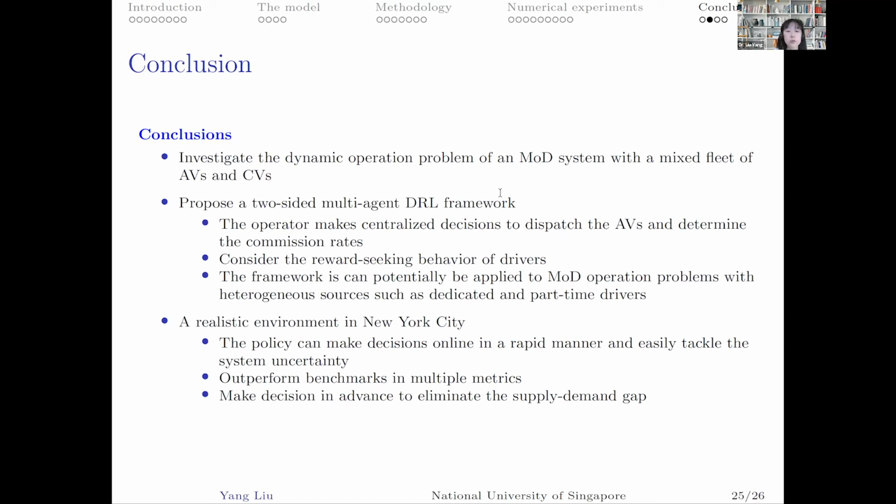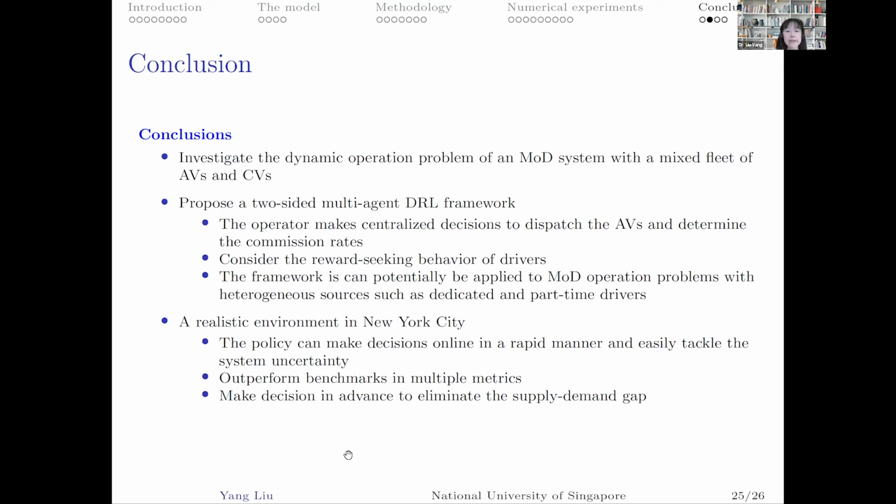We use real-world data from New York City, and the policy can make decisions in an online manner, so we can make quick decisions, which can tackle the system uncertainty. And then we show that the result outperforms the benchmark case in different metrics, in terms of the profit of the platform and also the level of service, which is the fulfillment rate.